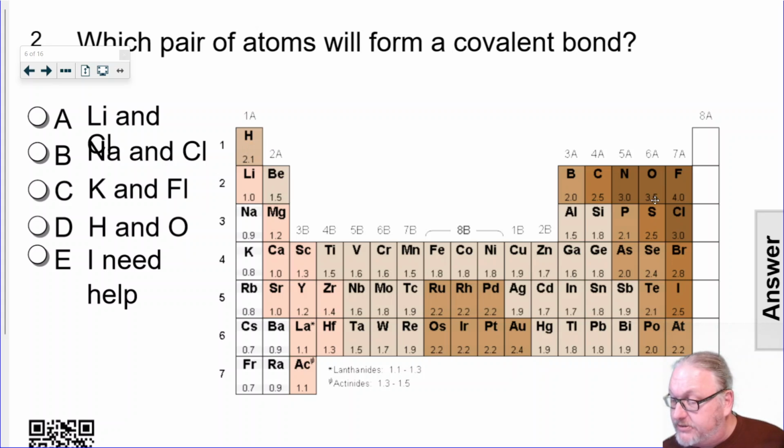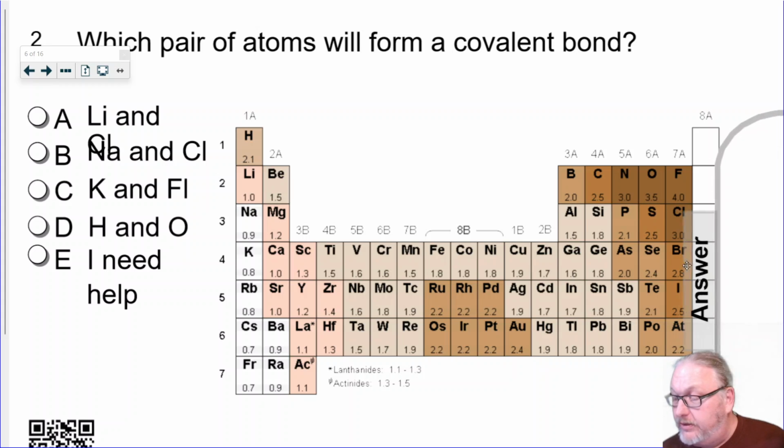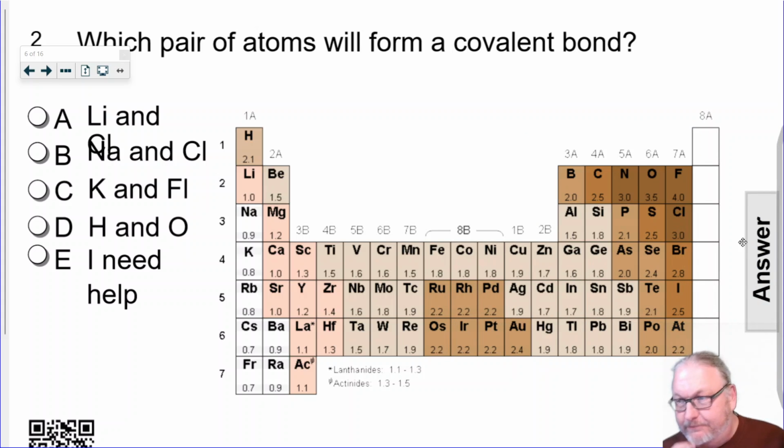Hydrogen and oxygen, 3.5 minus 2.1. This is probably one of those special cases, that would be a 1.3. Well, it's D, and a lot of this is just knowing that H2O is covalent, right?